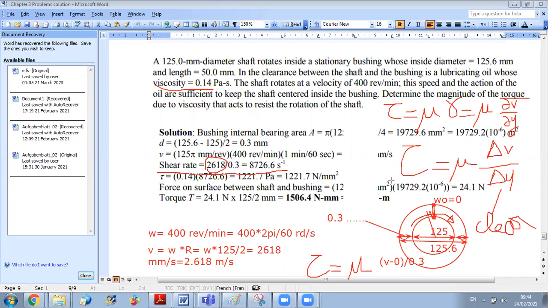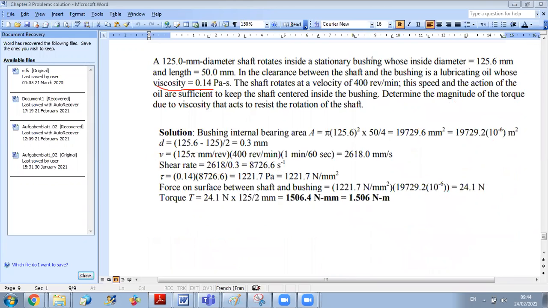So whenever I get the value of my shear stress, which is in Newton per millimeter square, I can then multiply by the area of my shaft, and in this way I get the force developed. Then to get the torque, I multiply the force by the radius. So this is the strategy.